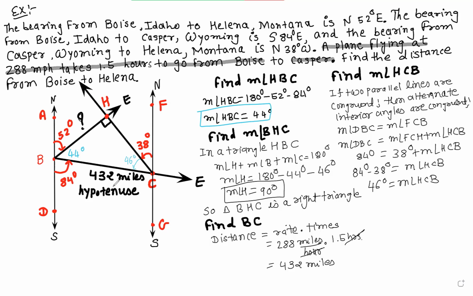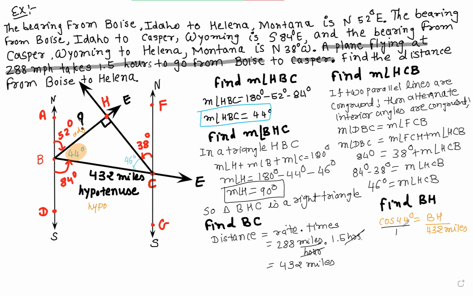So let's say that you decided to use this particular angle. Then you can use cosine 44 degrees. So the last step now, find BH. I would like to use this particular angle. You will use cosine of 44 degrees equals adjacent, which is BH, this adjacent side, over the hypotenuse, 432 miles.